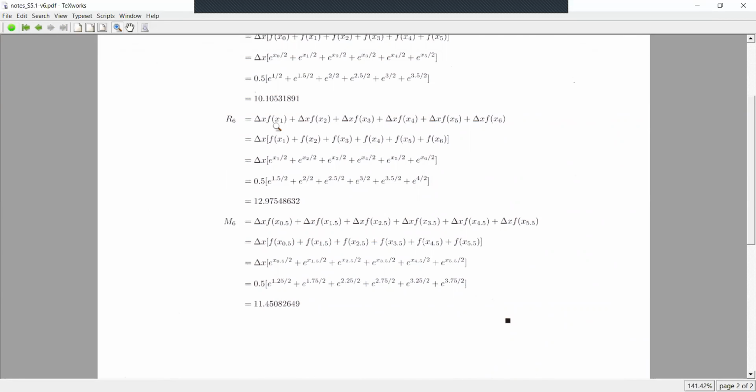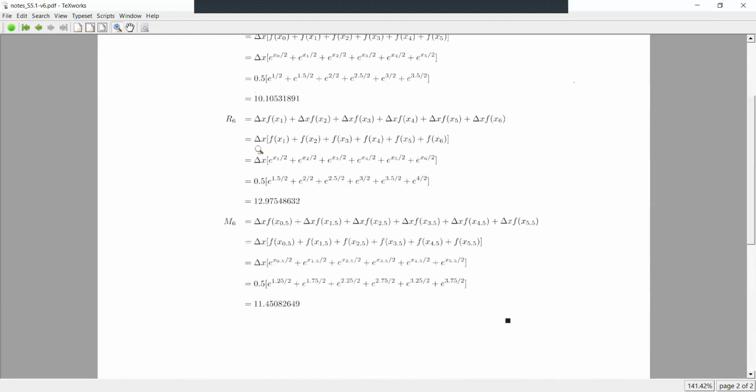So the function value at x1 is the height of the first rectangle. Base times height is the area. The second rectangle is on the second subinterval, whose right endpoint is x2. So the function value at x2 is the height of the second rectangle. Base times height is the area of the second rectangle, and so on.